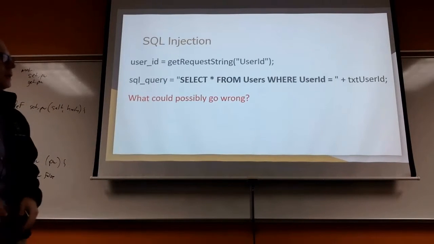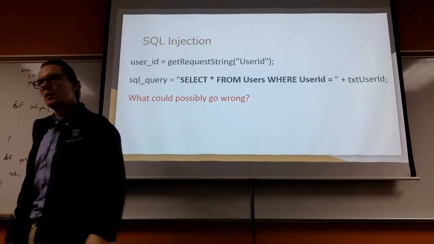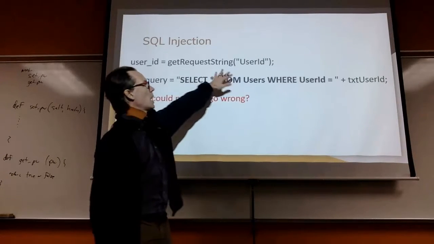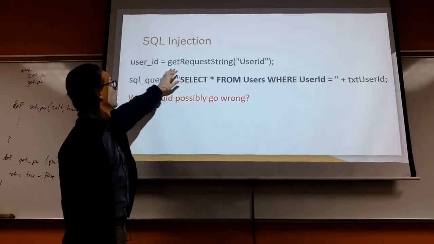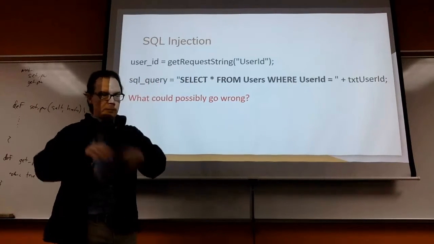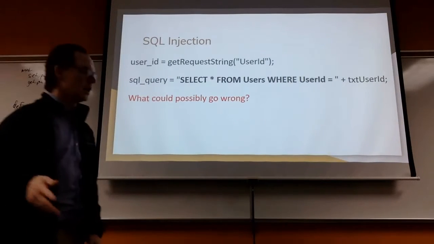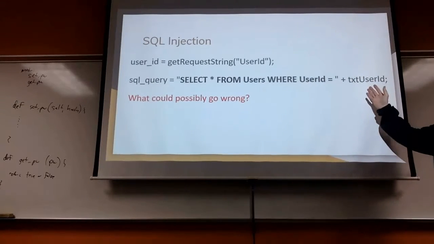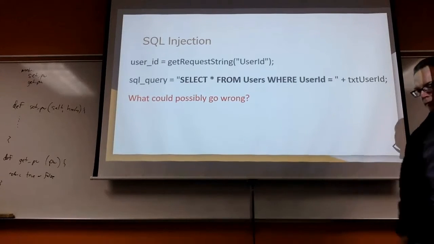Maybe slightly differently, but in Java, you could make a string and then append a user ID. In Python, in PHP, whatever, you would get some kind of string from the user, either from a URL or from typing it in the command line or in a text box or something like that. And then your natural inclination is to just have a string, append that on the end. What could possibly go wrong?